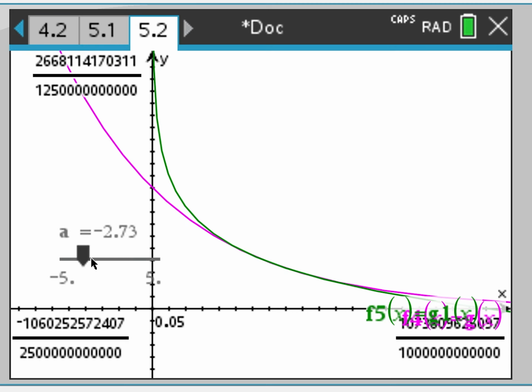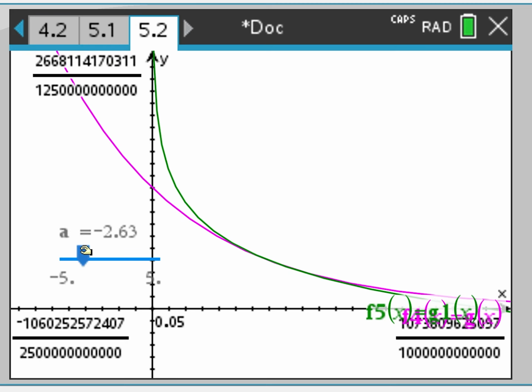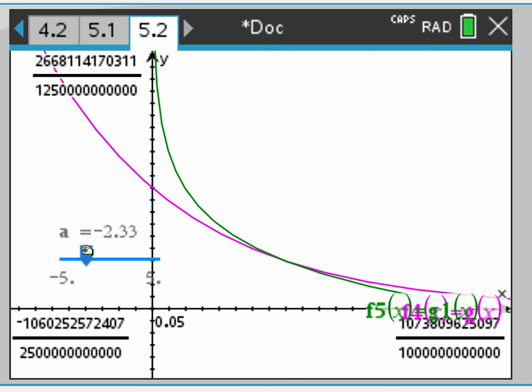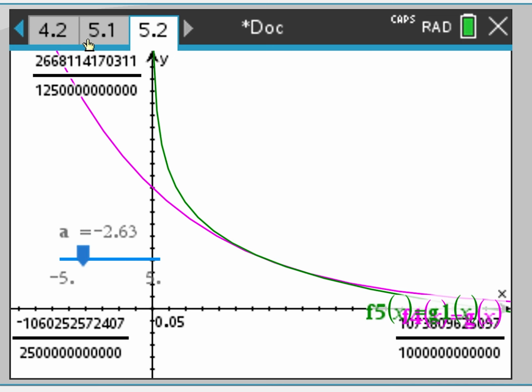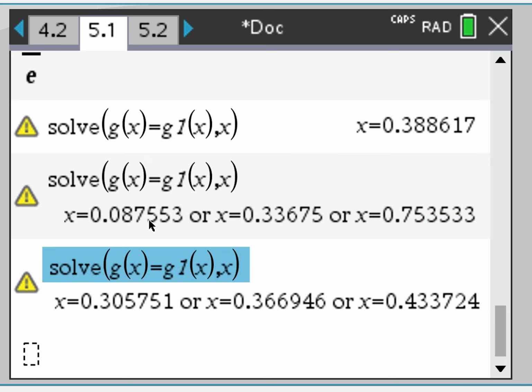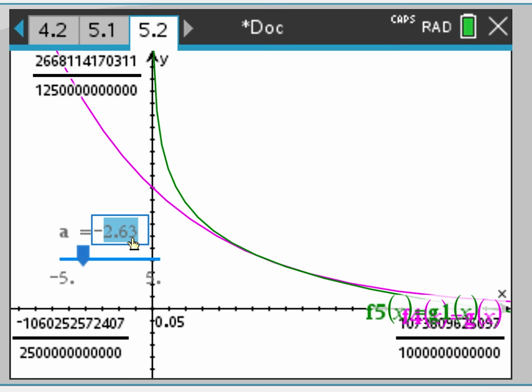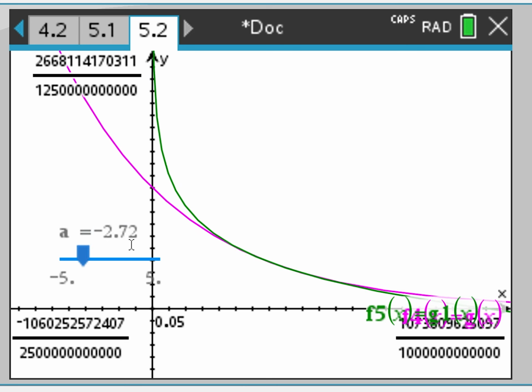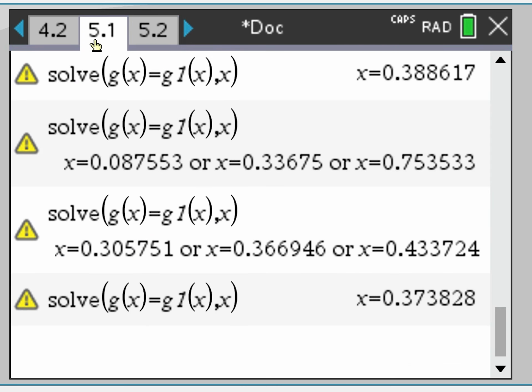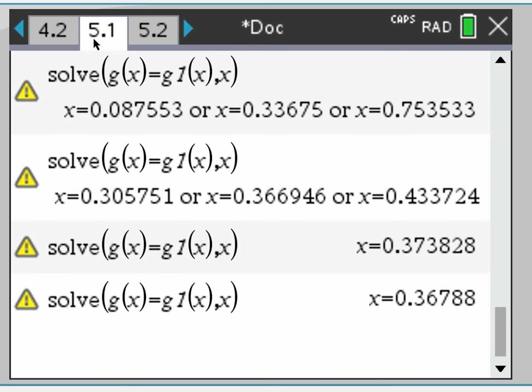2.73. That seems close to e. Let me try 2.63. What happens at 2.63? 1. Okay, maybe it is at e when things start to change. So at e, 2.72. Let's see this. 1.